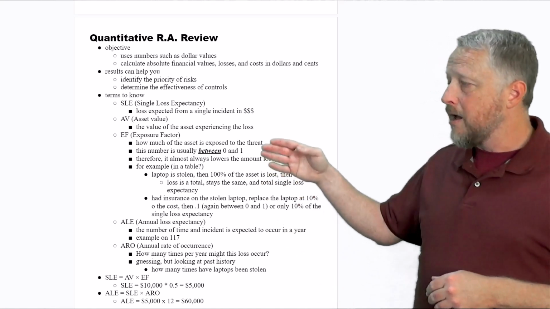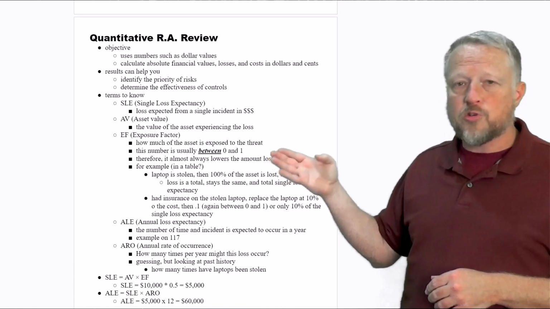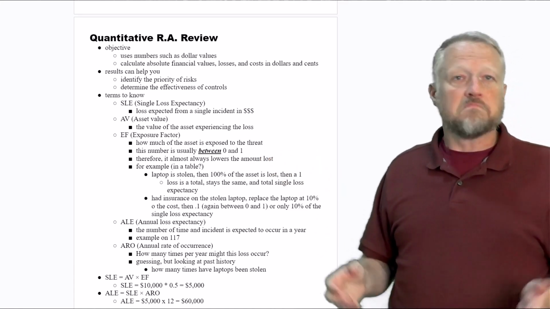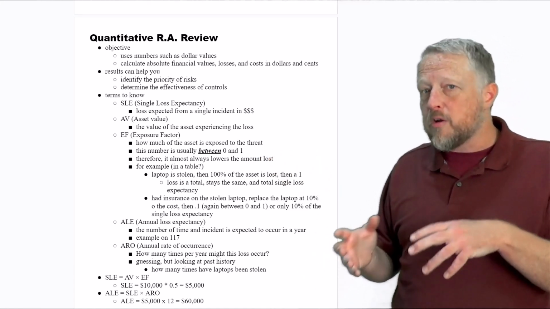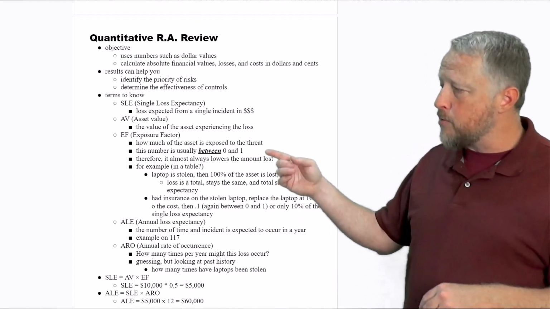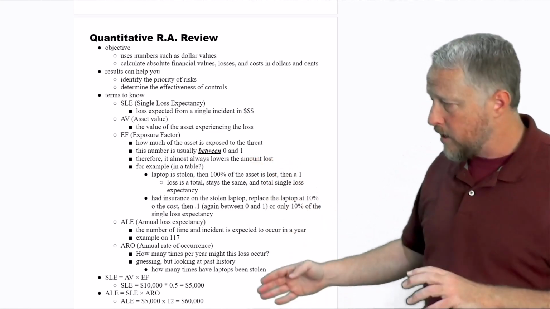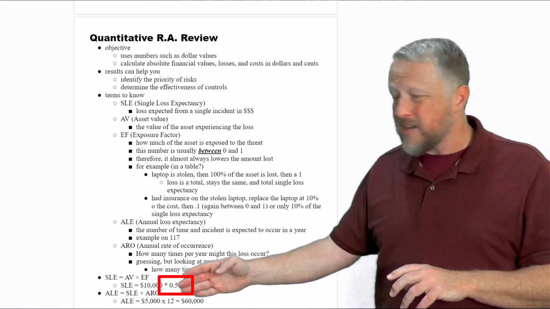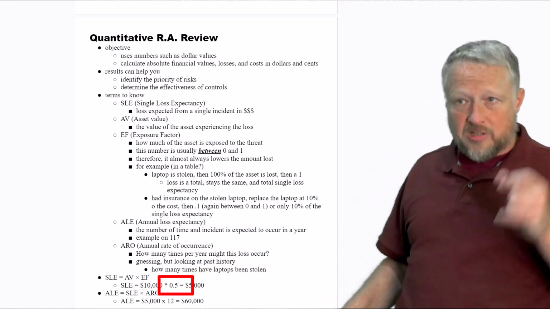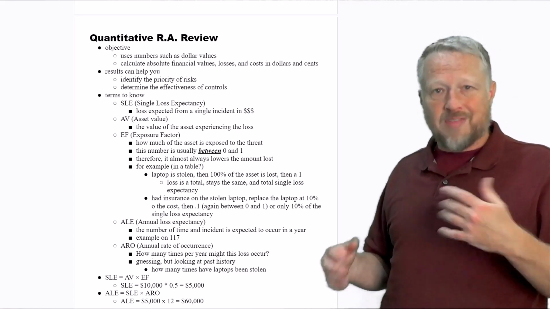So, exposure factor. How much of the asset is exposed to the threat? Maybe minimal, or maybe you've put a lot of safeguards on it already so that it is minimal. That number is going to be between 0 and 1. Now, I want to make sure this is perfectly clear. It's being highlighted right now. It can be a decimal from literally 0 to 1. 0.1, 0.2, that type of thing.